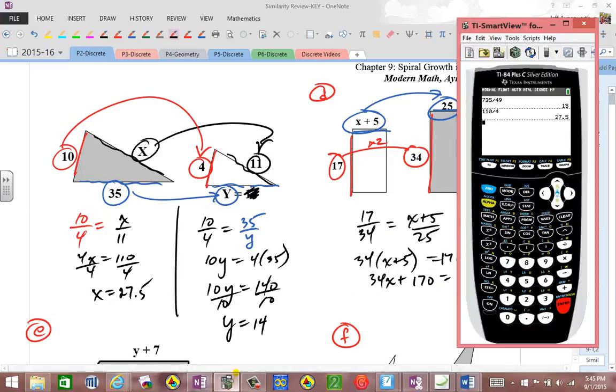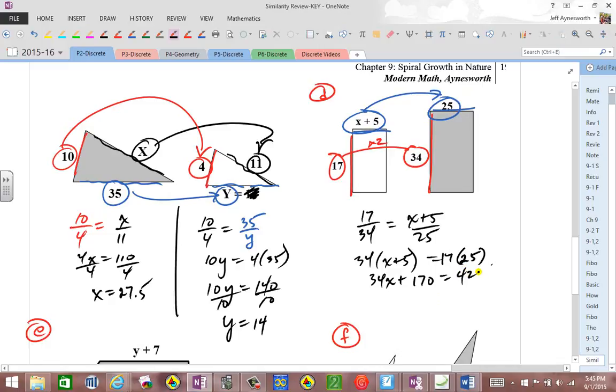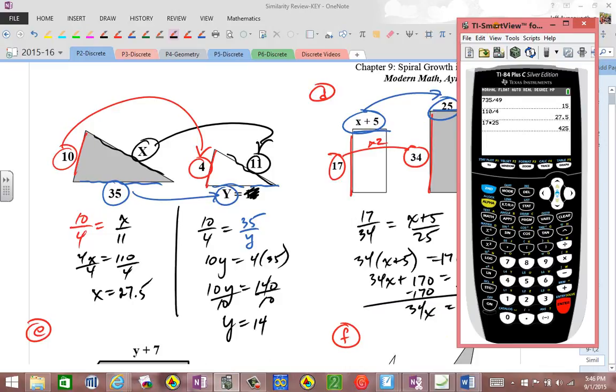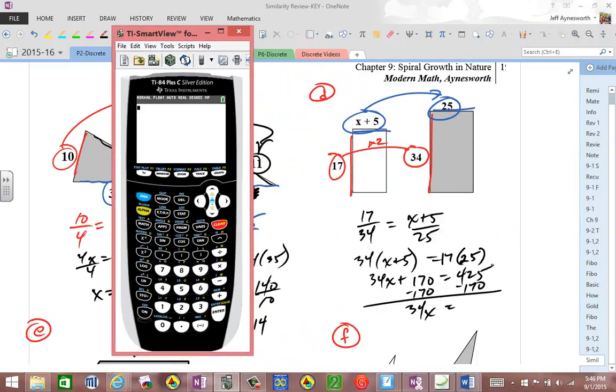So 17 times 25. That's 17 quarters or 425. So 425. So subtract 170. And you get 34x is equal to 425 minus 170.